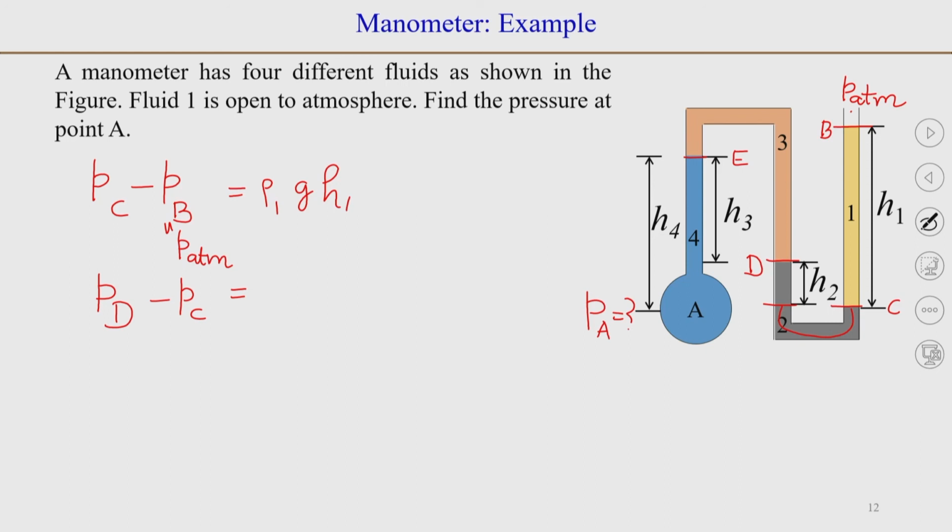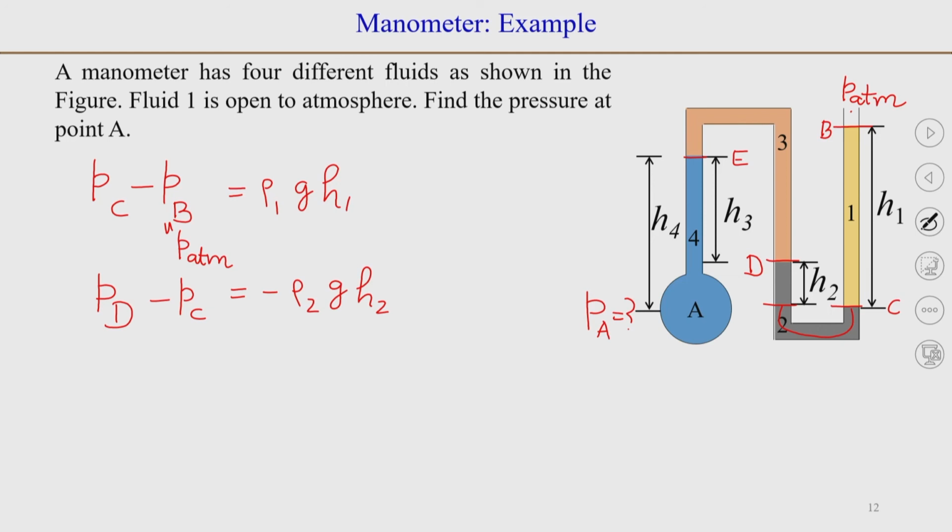So, we can write P D minus P C is equal to minus rho 2 G H 2. The minus sign is because D is at a height when compared with C.